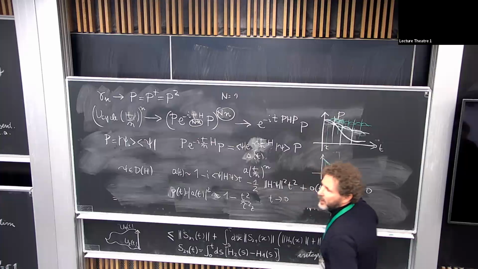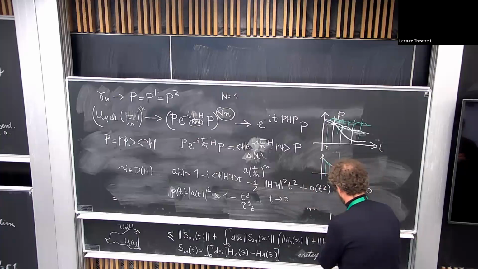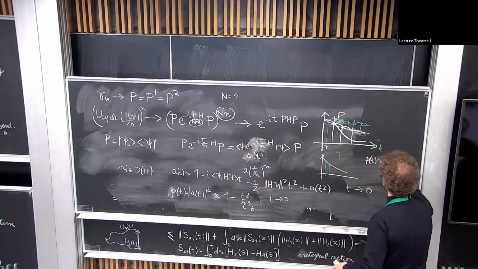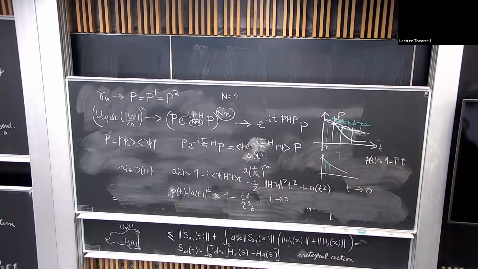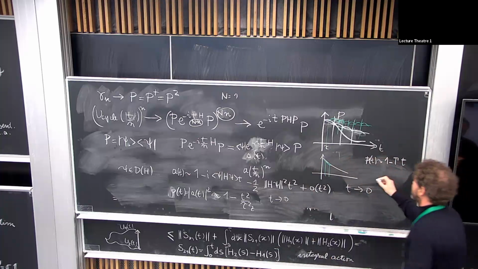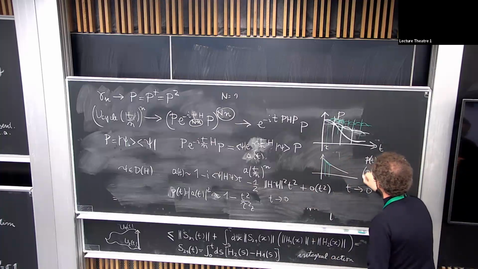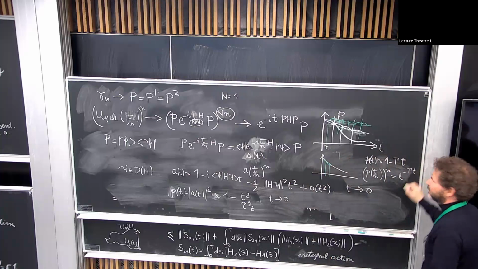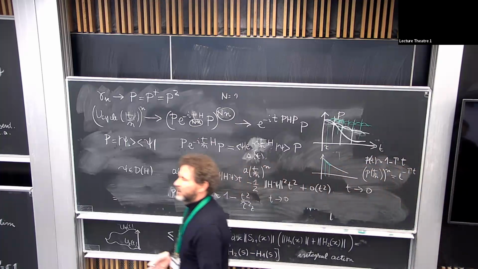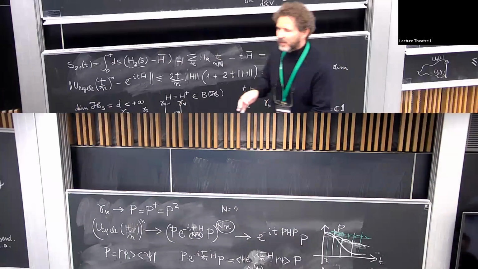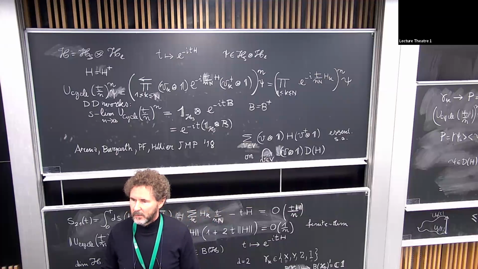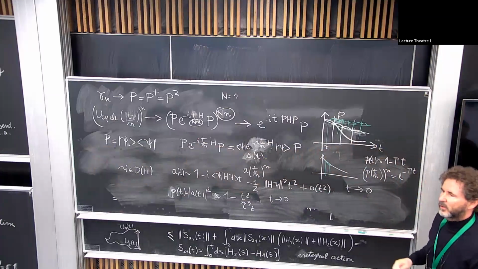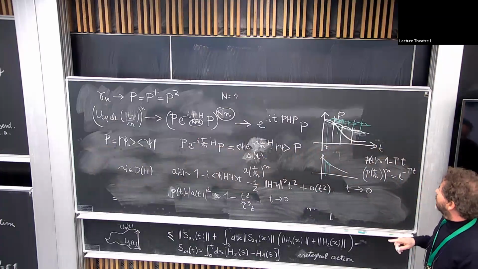If the curve is exponential, if the probability P of t goes like 1 minus gamma t for short time, then if you take P(t/n) to the power n, you will get e to the minus gamma t. So you cannot affect the evolution by pulses, no matter how frequent they are. Again, this is an instance of the fact that it depends on the state you're acting on.